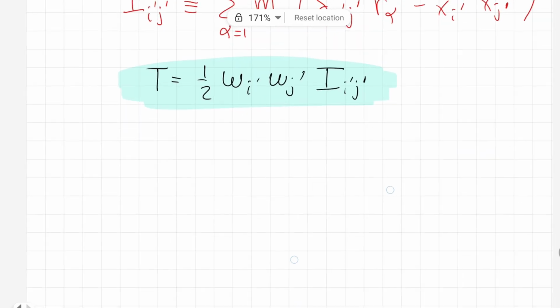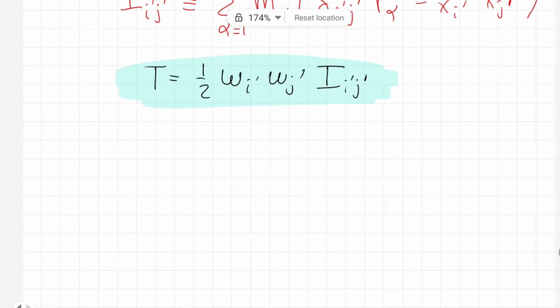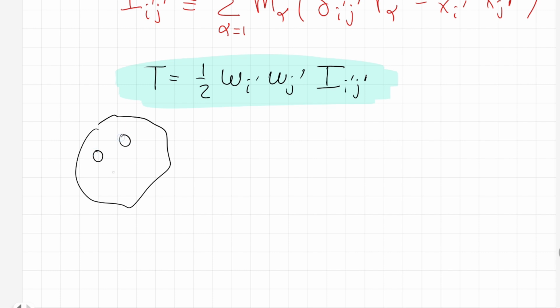Okay, and just to mention a last thing that will be very important in this topic is that we are taking into consideration that the rigid body has a discrete distribution of particles that compose the rigid body. But what happens if we have a continuous distribution of mass that composes the rigid body?